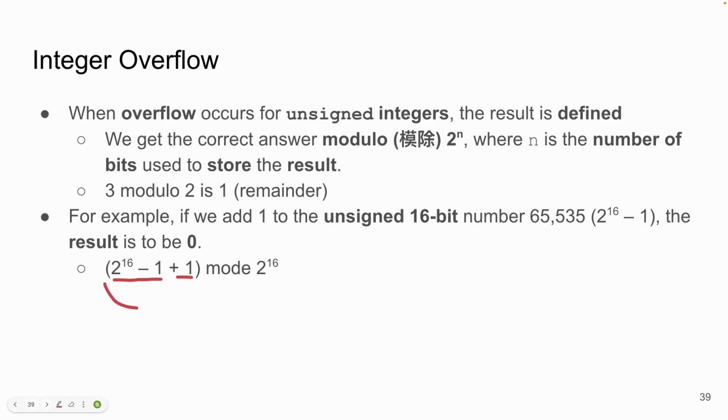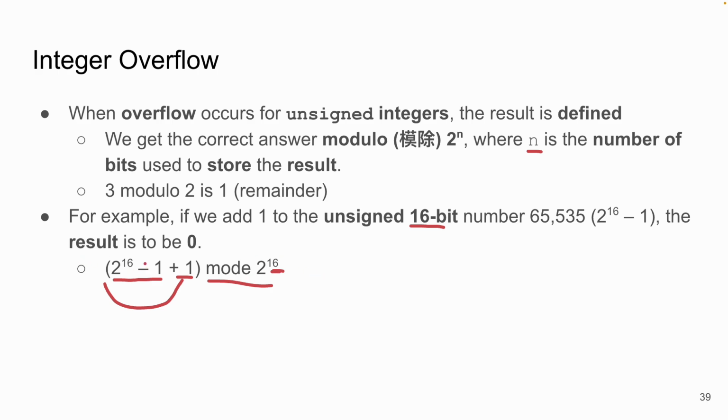But because the value overflows for this integer type, we need to take it modulo 2 to the power of 16, because this is 16 bits. By the definition, n is the number of bits this variable can use to represent the integer value, so that is why we put 16 here.